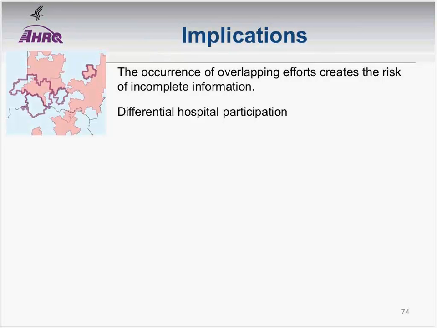The theory of health information exchange, if you will, is that better access to comprehensive, complete patient information at the point of care creates benefits. Well, with all the overlap and potential differential participation between HIOs by hospitals, we can't guarantee that information will be comprehensive, mostly because HIO to HIO exchange is still pretty rare.